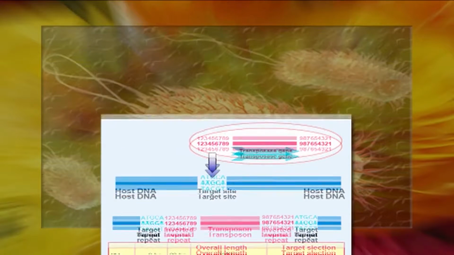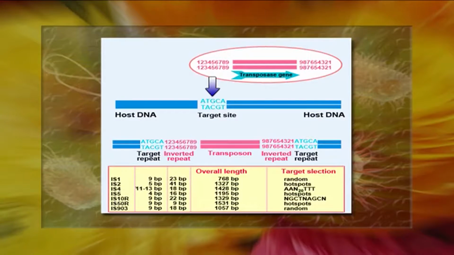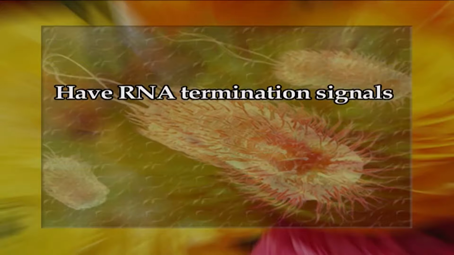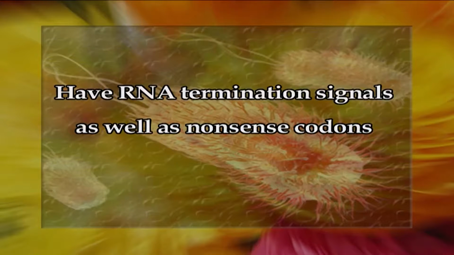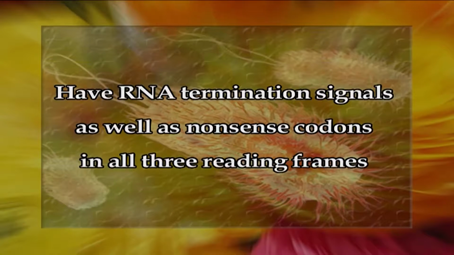The majority of insertion sequences exhibit short terminal inverted repeats sized between 10 and 40 base pairs. These sequences also tend to have RNA termination signals as well as nonsense codons in all 3 reading frames and are therefore polar.